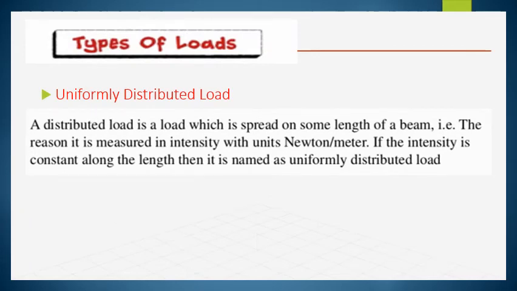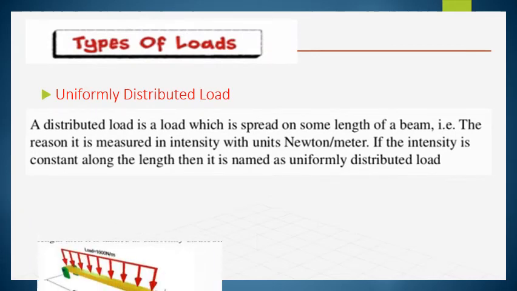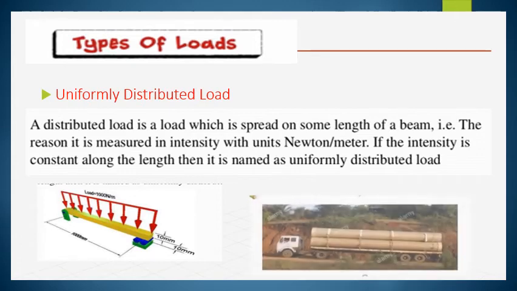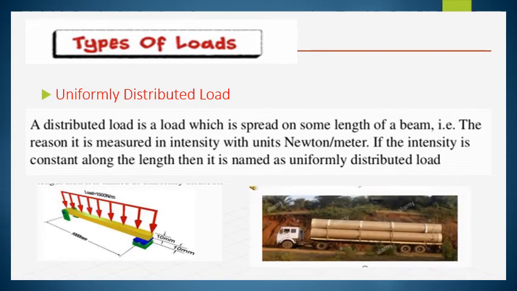Its unit is Newton per meter. If the intensity is constant or uniform, it is called a uniformly distributed load. At each section, its intensity is one and the same.